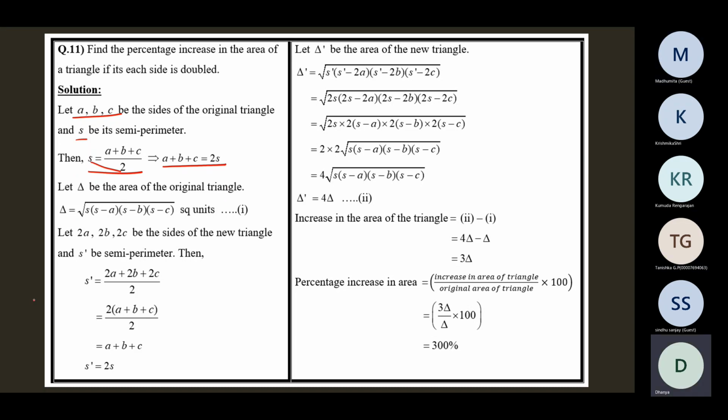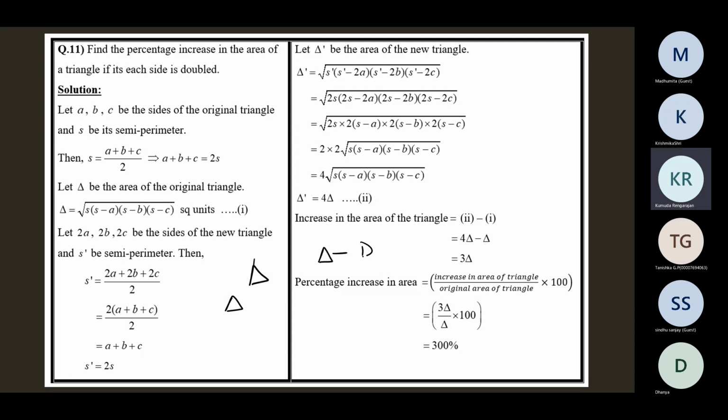Yes, ma'am. Now tell me, how do you read the symbol? Triangle. It's actually like this, but we use it like this in mathematics to read delta. It's a Greek letter, delta. So let delta be the area of the original triangle.